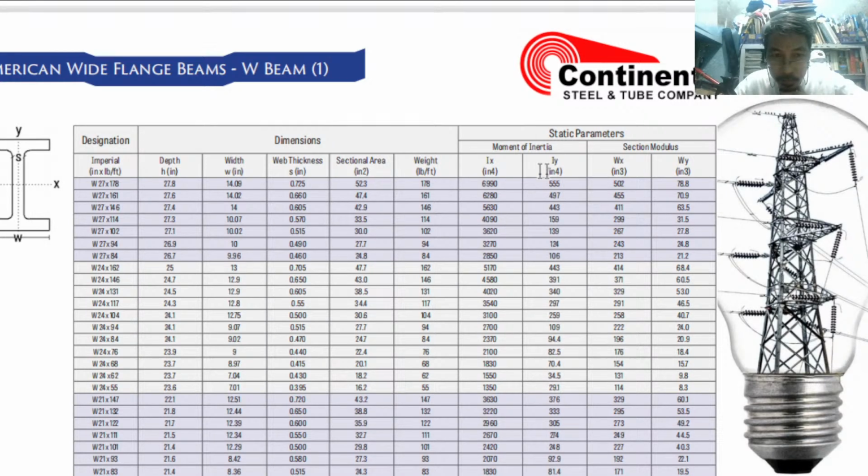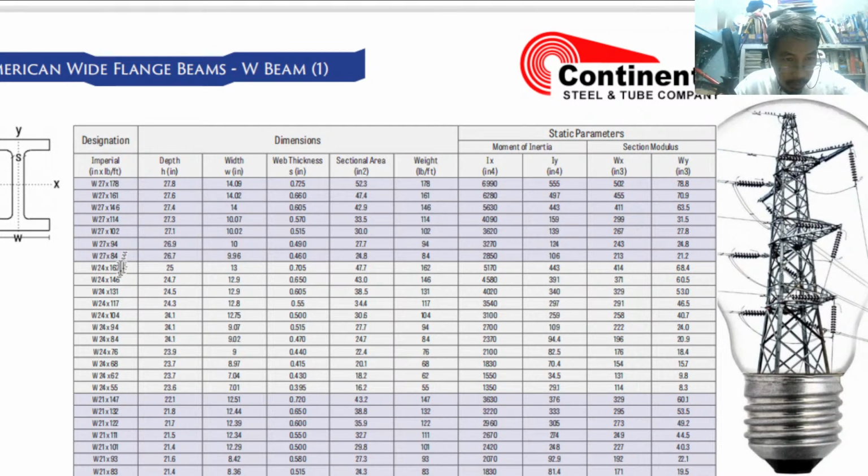For static parameters, we have the moment of inertia, so you don't really need to calculate the moment of inertia in the x direction, the moment of inertia in the y direction, and the section modulus. But this is the elastic section property. What we saw on the previous table is Z, the plastic section modulus. These are Wx, Wy, the elastic section modulus.